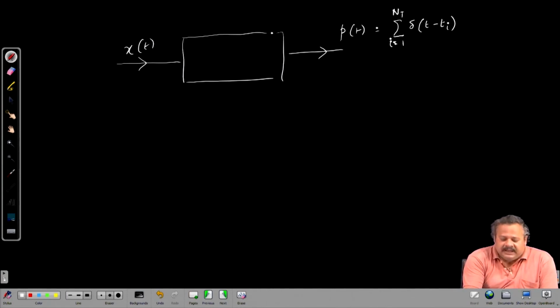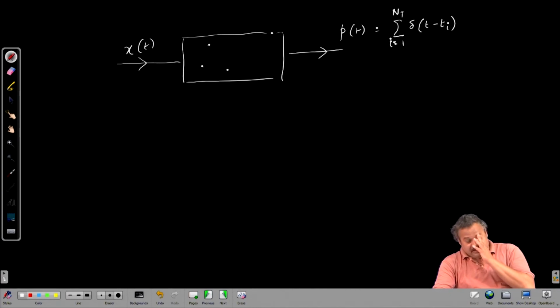We cannot approximate this as the LTI, because from any smooth x(t), with an impulse response, it will not be possible to generate impulses.